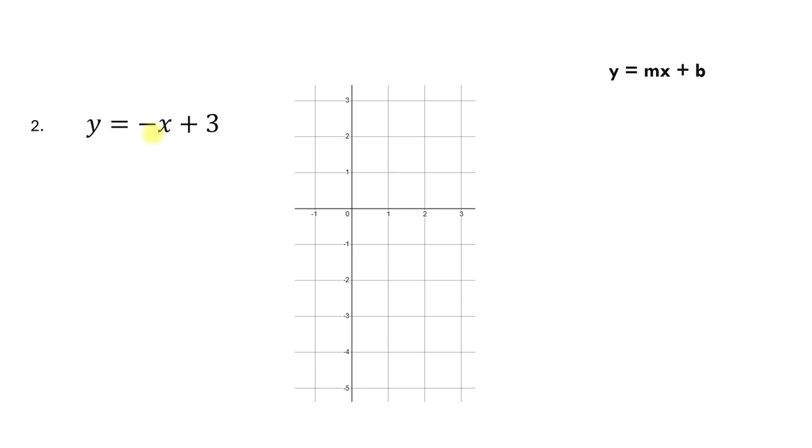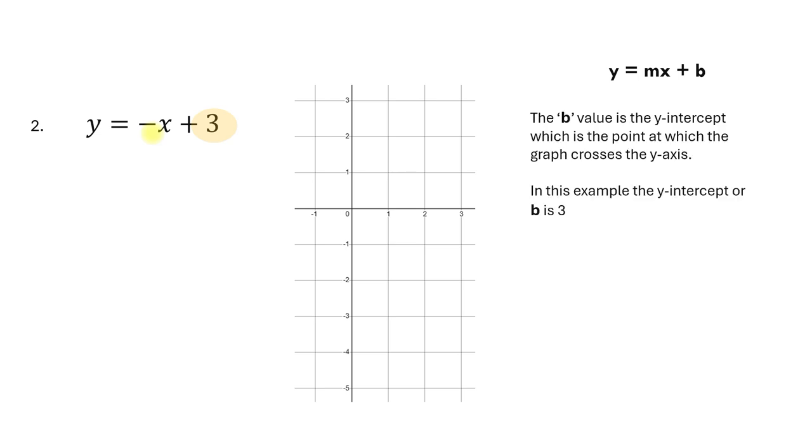Y equals -x plus 3. Looking at the value of b tells us what the y-intercept is. So we can plot that. In this case, it's 3.